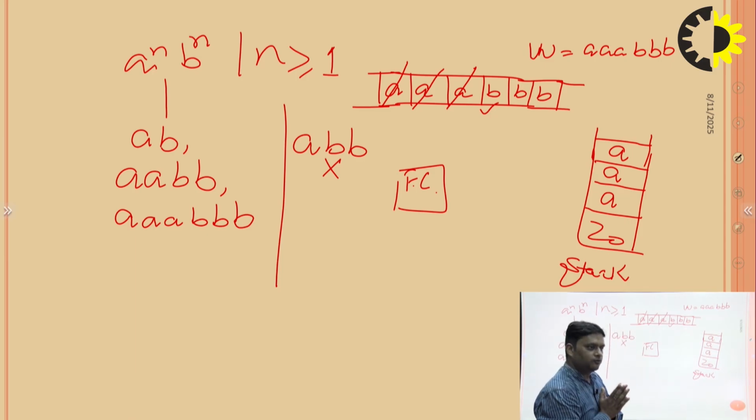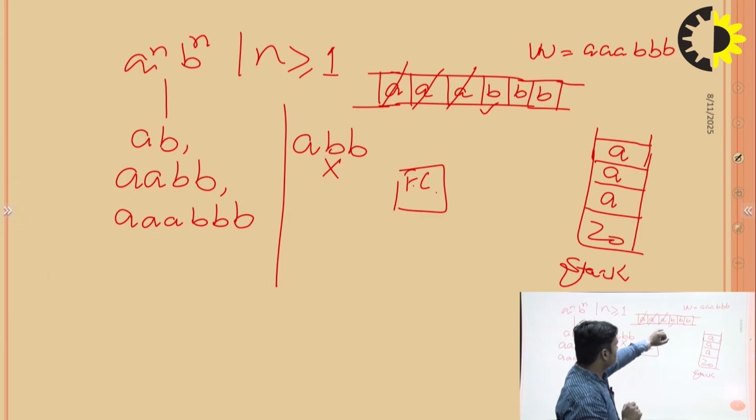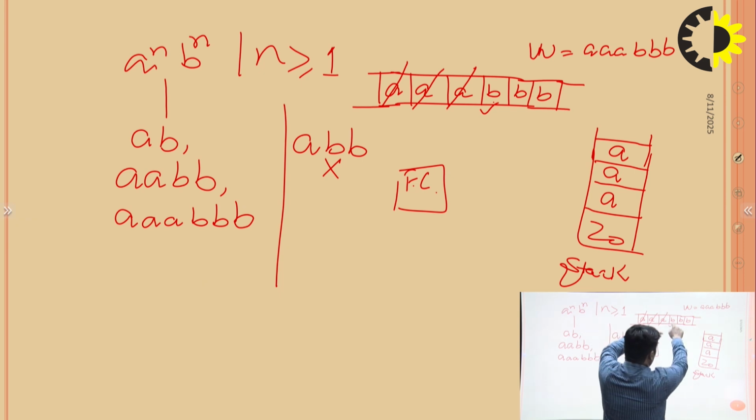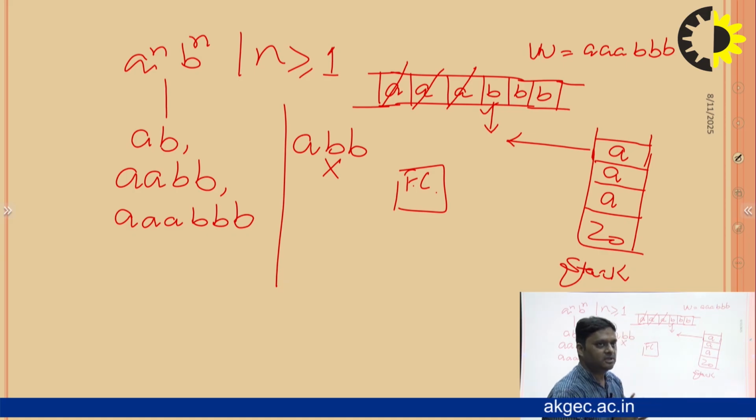Now perform a pop operation with respect to a: a single a and a single b will pop off. Means if we get b in the input string, with respect to this b, an a will pop from the stack.